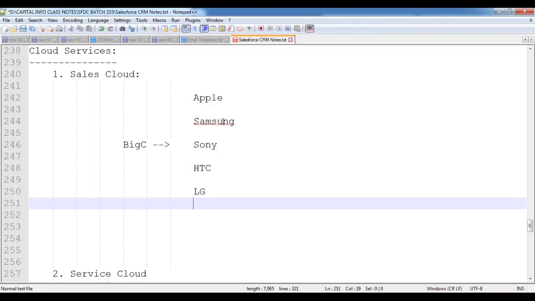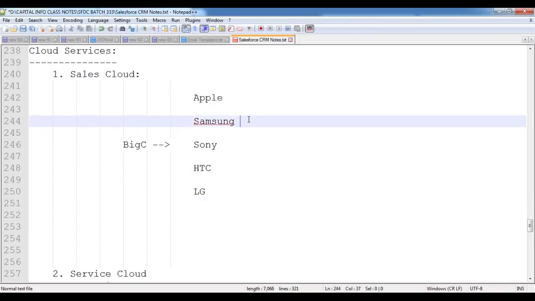Now, for example, assume that whenever they sell these Sony products, or Samsung mobile products, or any manufacturer's products, they follow various processes.